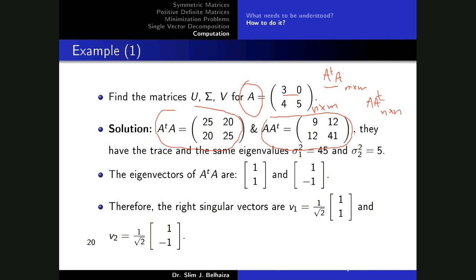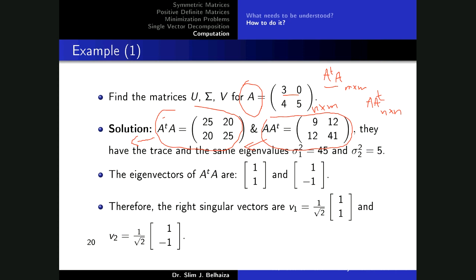Okay? So they both have the same trace, as you can see. Sorry, they have the same trace and the same eigenvalues. So the point is, first of all, let's try to find the eigenvalues. The eigenvalues of these two matrices, we can easily find them because we just need to solve the determinant of A^T A or AA^T minus lambda I equals 0.